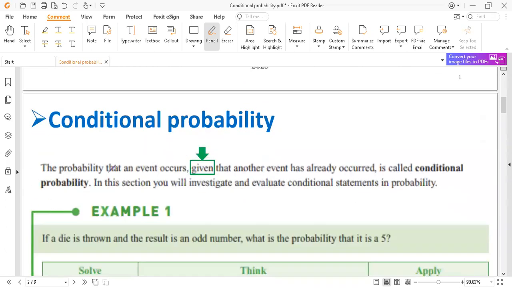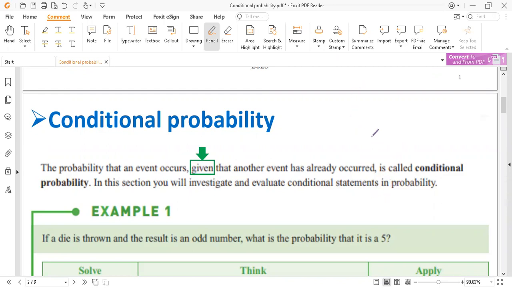So normally, by definition, it is the probability that an event occurs given that another event has already occurred. So we are talking about multi-stage events, okay?